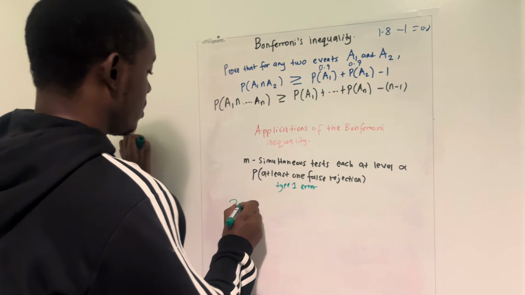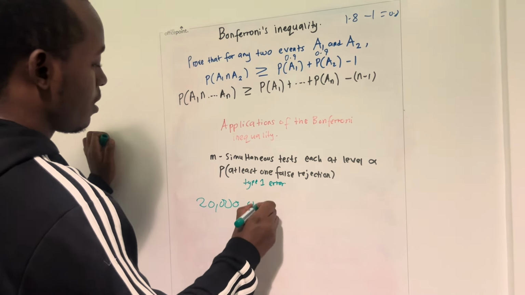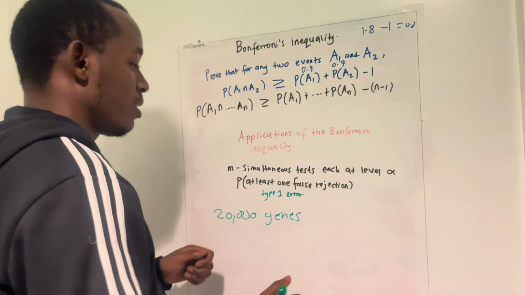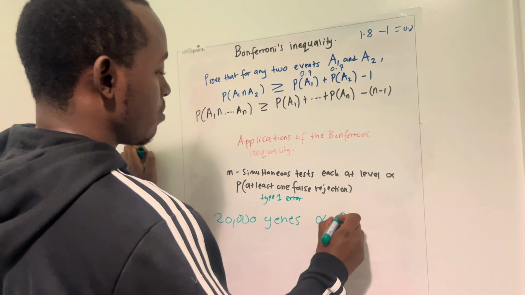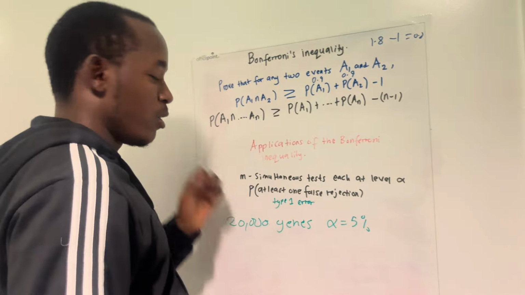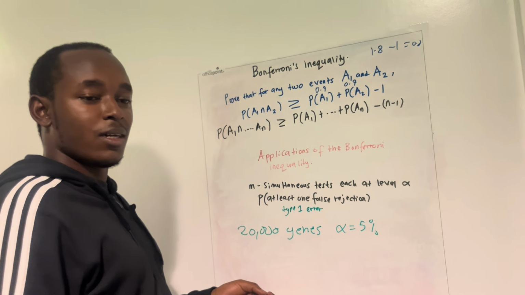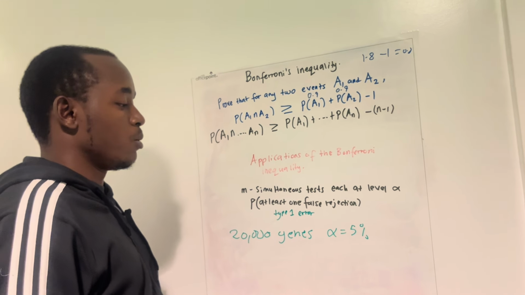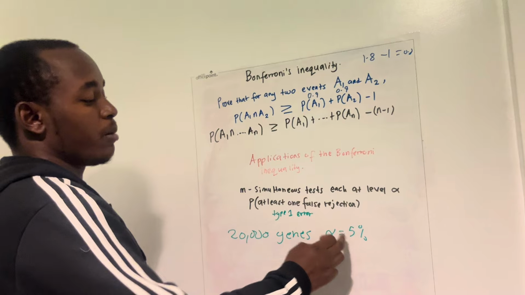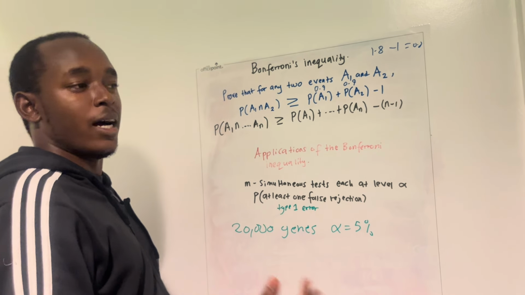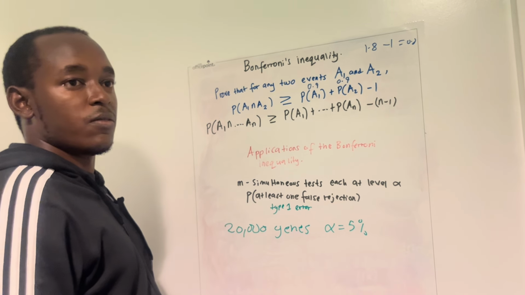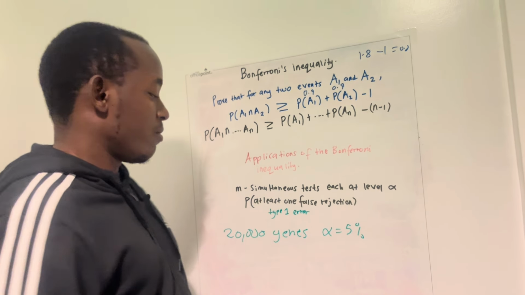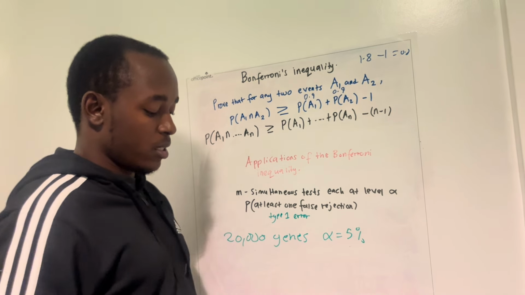Let's say you're running your test at a significance level alpha of 5%, and you're running 20,000 hypothesis tests.